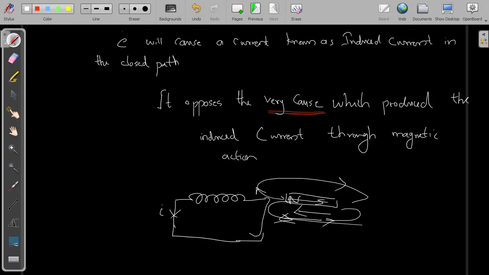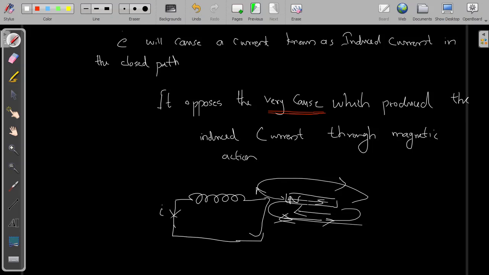So Lenz's law states that the direction of this induced current is such that it opposes the very cause which produced the induced current. That means the cause here is the movement of this bar magnet, and the movement of this bar magnet will result in a change in flux linkage, right?